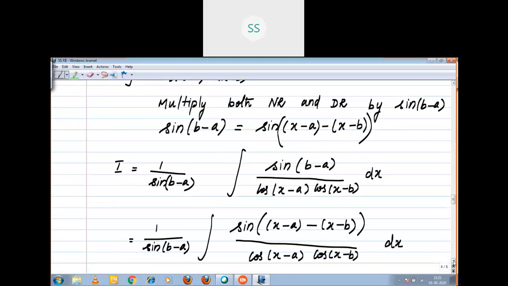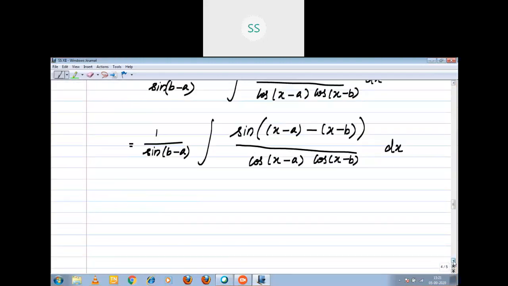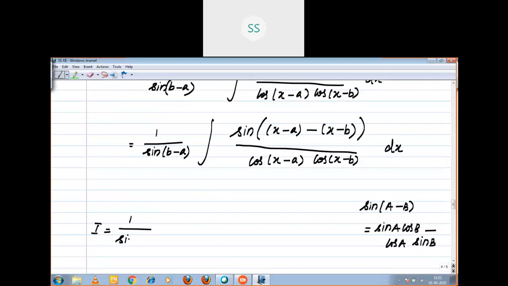Got it? Now the numerator, what does it represent? Any idea will come to your mind, children. Yes, very good. Sine of a minus b is nothing but sine a cos b minus cos a sine b. So I equals 1 divided by sine of b minus a integral. The numerator I am going to replace. How?